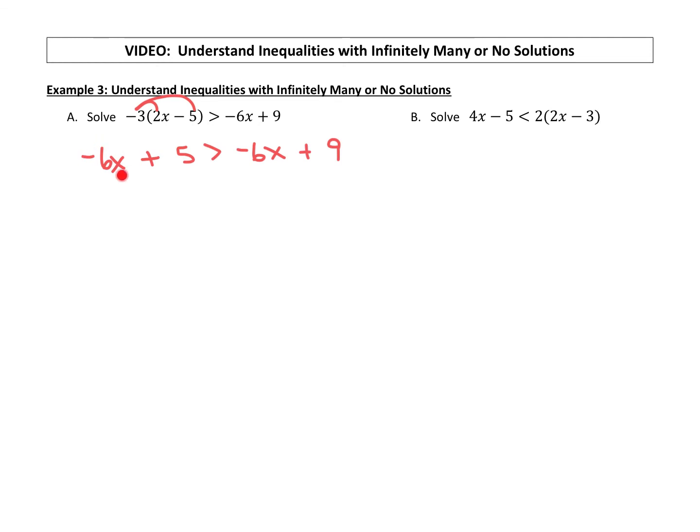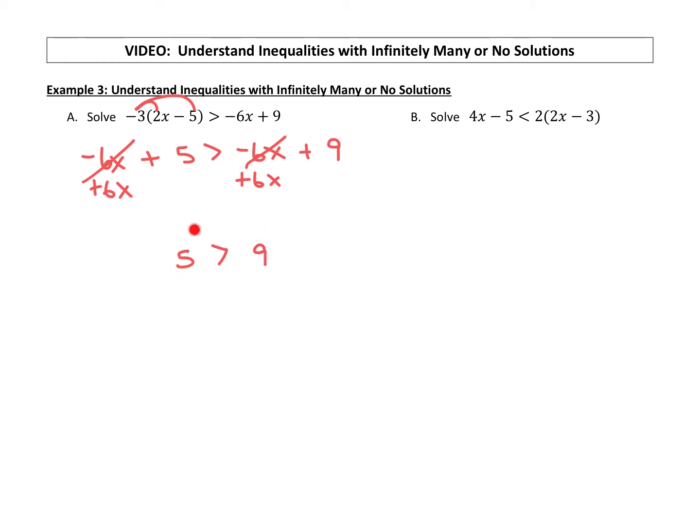I notice there's a -6x and a -6x on both sides. You could just say those are going to cancel right now. You could do the math and add 6x to both sides and see that they cancel on both sides. Either way, as long as you're ending up with carrying down the 5, the greater than, and the 9.